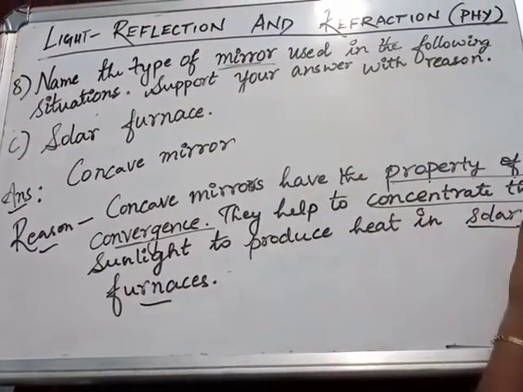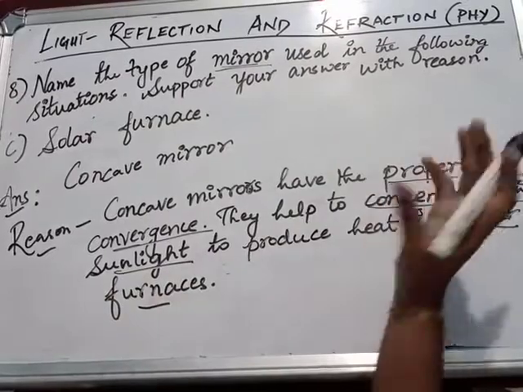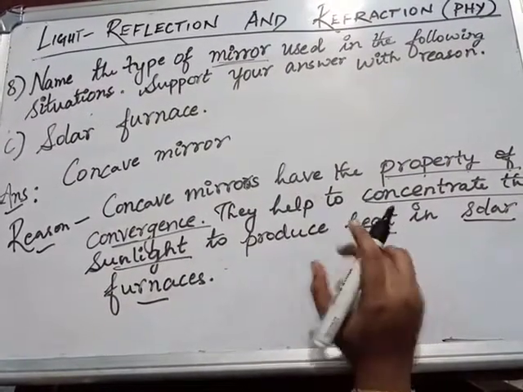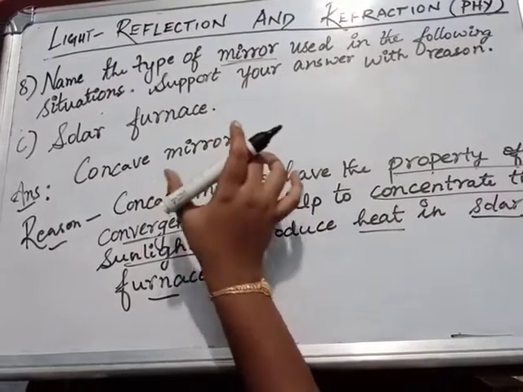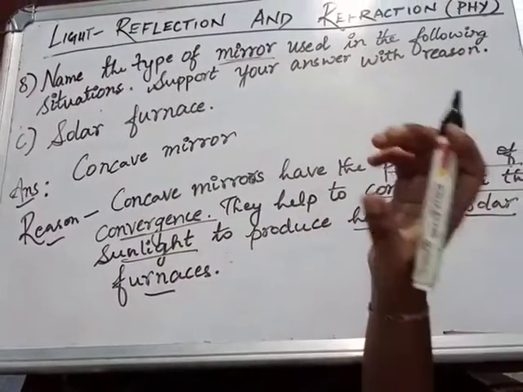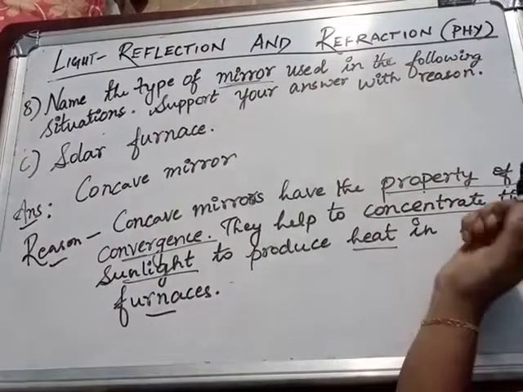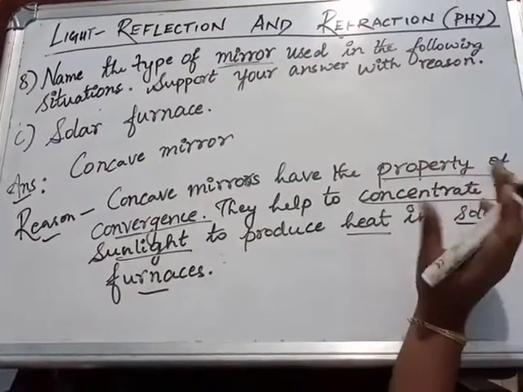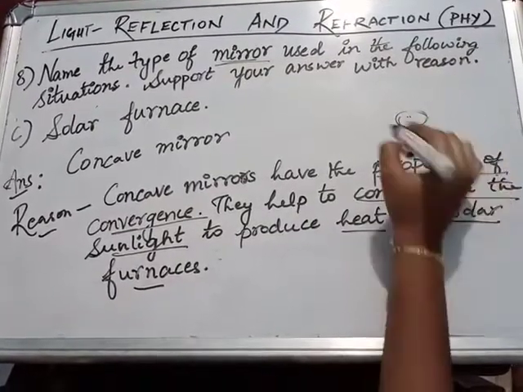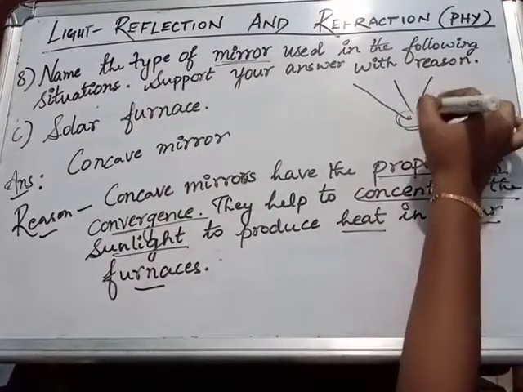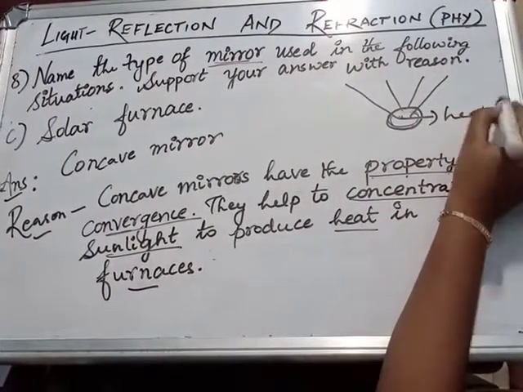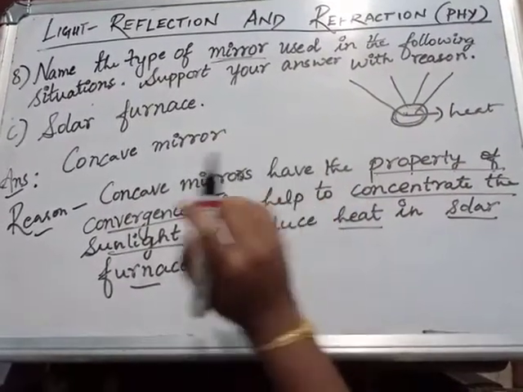They have to concentrate the sunlight, and when the sunlight is concentrated, heat is produced. That's the reason behind why concave mirrors are used. It has a property of convergence and helps to concentrate the sunlight so that heat is produced in the solar furnace. Large amount of sunlight is concentrated in one area and heat is produced here. Alright.